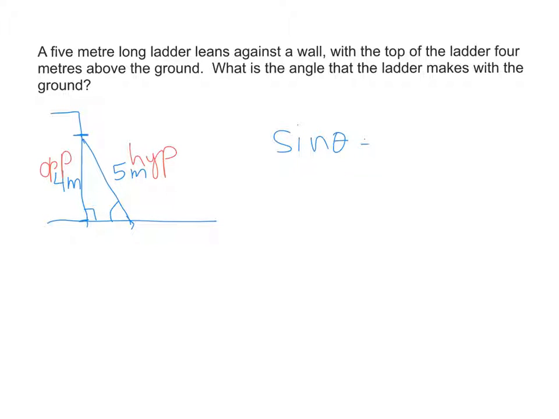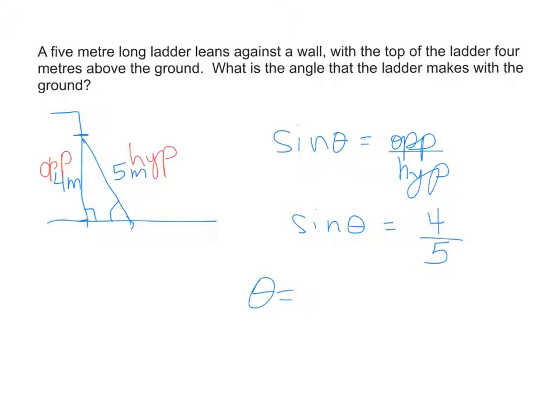So the sine of the angle is opposite over hypotenuse. Just be careful when you fill it in. Make sure you're filling opposite in as what the opposite side is, and the hypotenuse, the number's in the right spot, 4 over 5, not 5 over 4. And then to find the angle, inverse sine of 4 over 5. And that works out to 53 degrees.